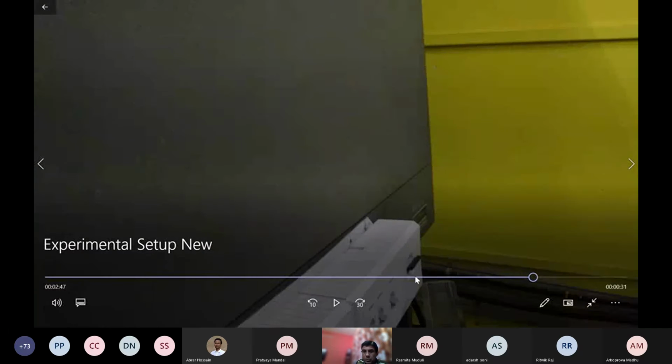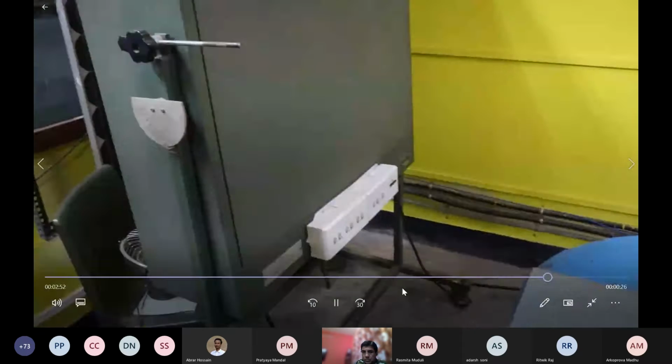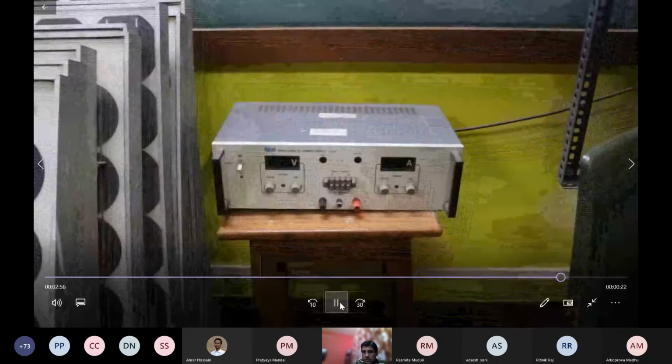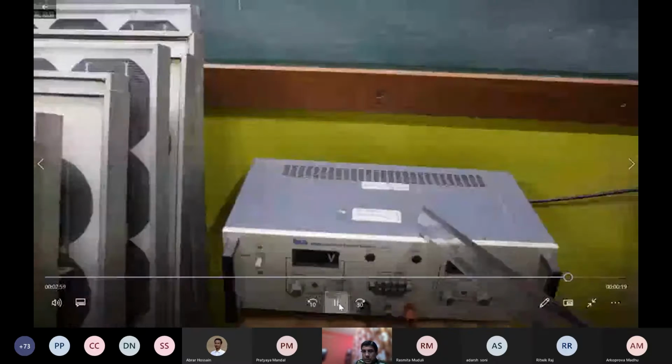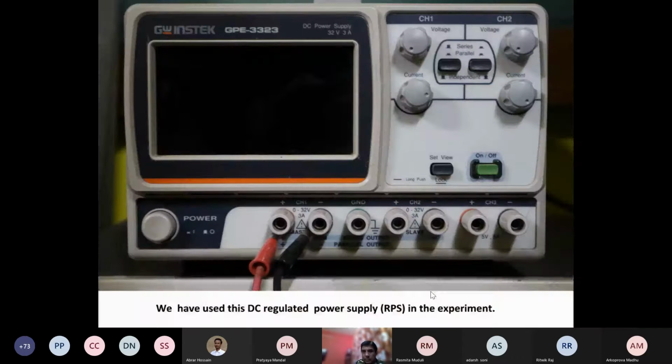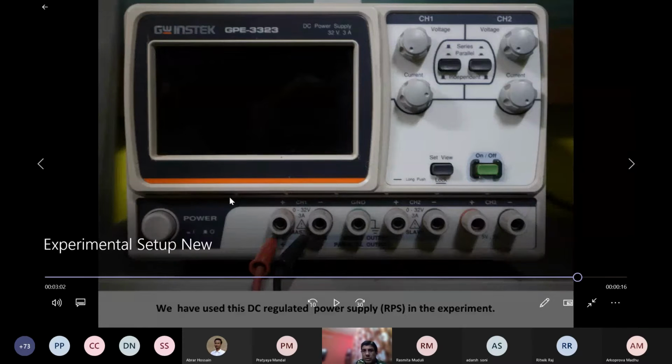These are the manually operated switches which we can use to turn the lamps on and off as required. This is a DC supply, basically, which will be used in the second part, the dark test. Again, this is the actual DC power supply source which we will use in the experiment.